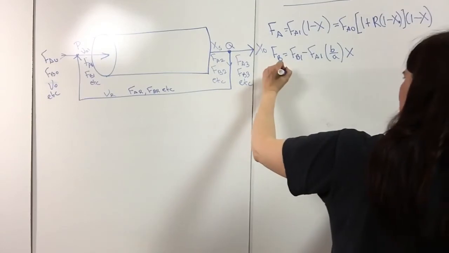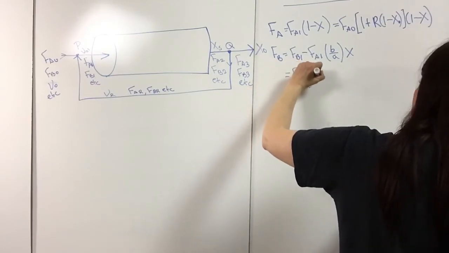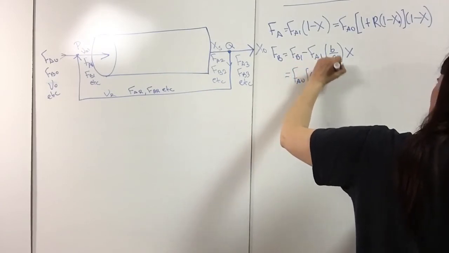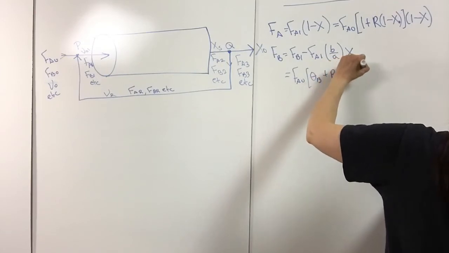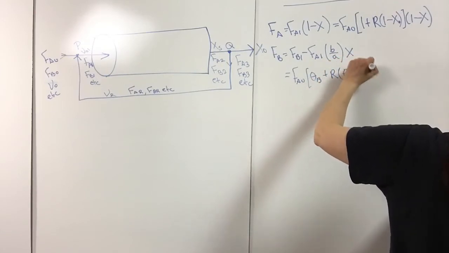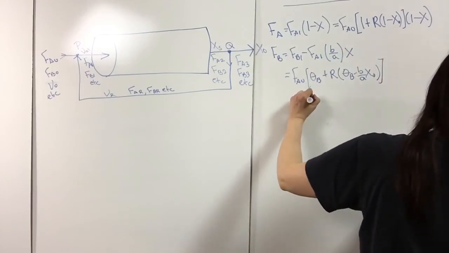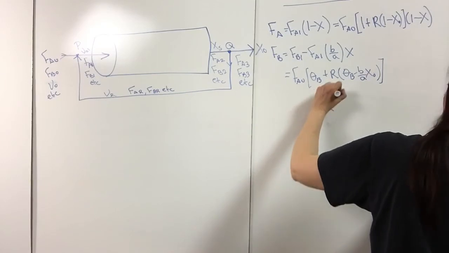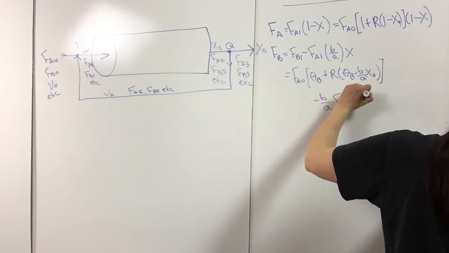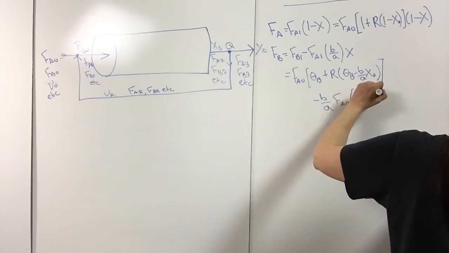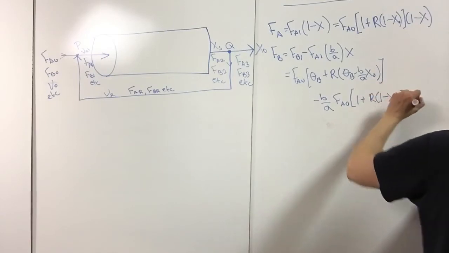If we do that, we get that FB is equal to FA naught theta B plus R theta B minus B over A X naught, minus B over A FA naught 1 plus R 1 minus X naught X.